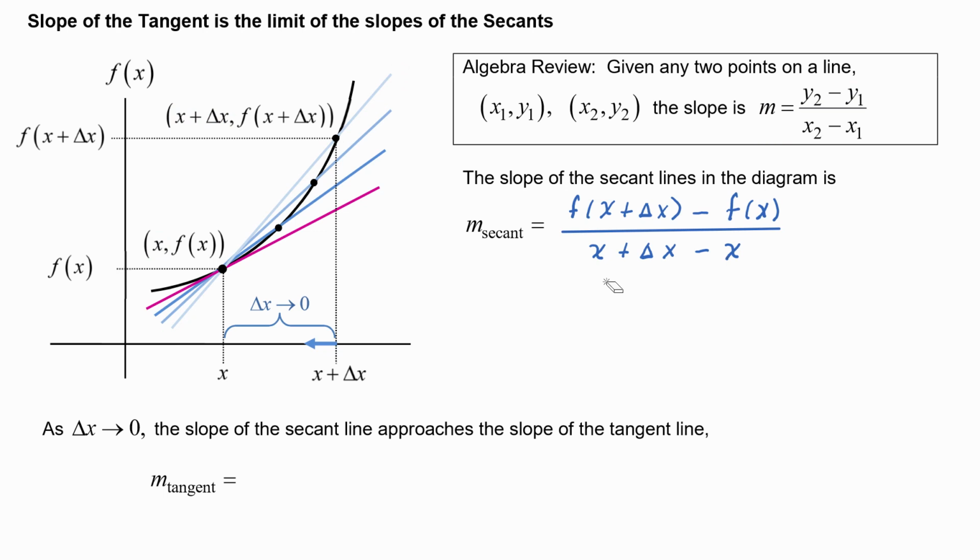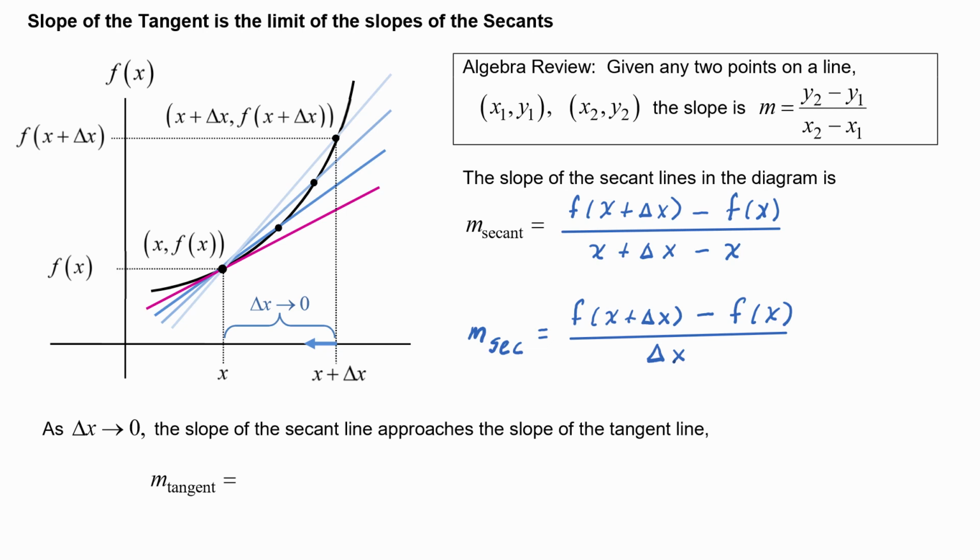And then we see in the denominator, the x here will cancel with the x here. Nothing in the numerator will cancel. So we can simplify to say the slope of the secant is going to equal f of x plus delta x minus f of x over delta x.